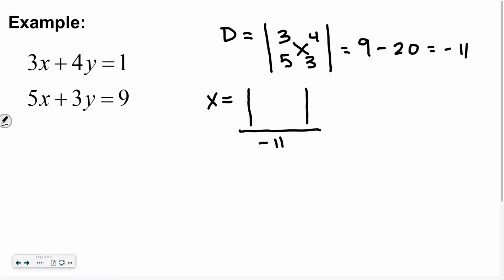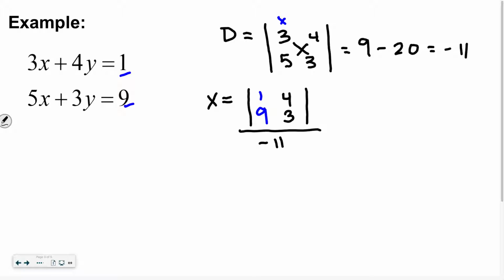To do my new determinant, in my original coefficient matrix, my x column was 3, 5. I'm going to replace that with my constants in the system, which are 1, 9. So I'm going to put those in the x column. Leave the y coefficients as they appear in the system, so 4 and 3.